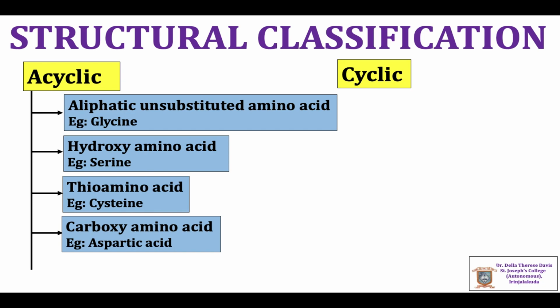Carboxy amino acid, example aspartic acid. The amino acid contains an extra carboxylic acid group. Diamino acid. The amino acid contains an extra amine group. Example lysine.